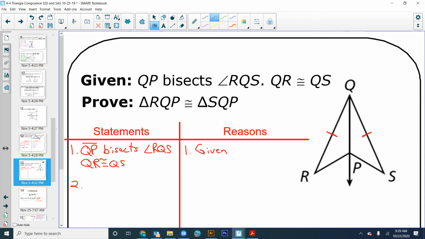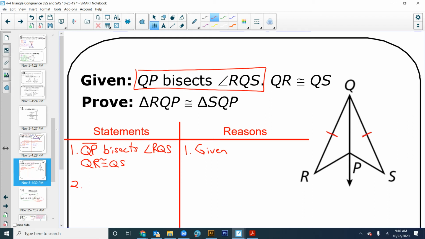Do you remember in the last proof how when we said the lines were parallel, there was a step that came right after it because alternate interior angles are congruent? Is there a result? Is there something that happens when QP bisects angle RQS?